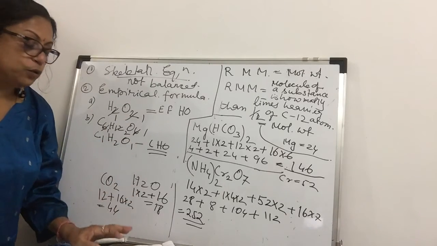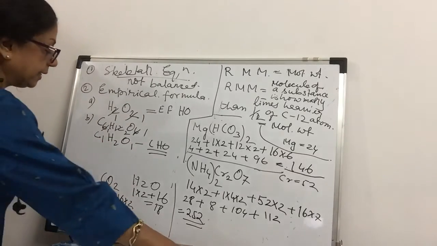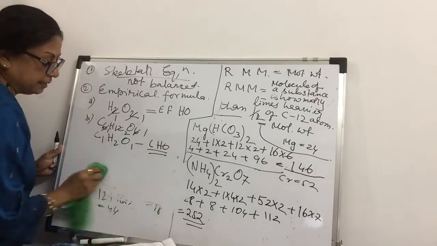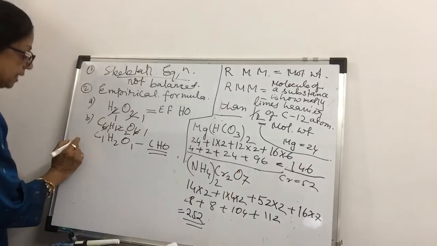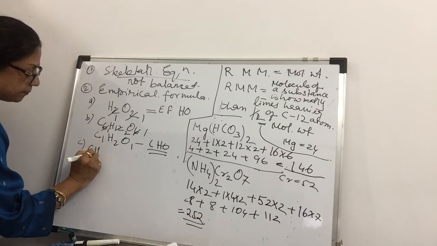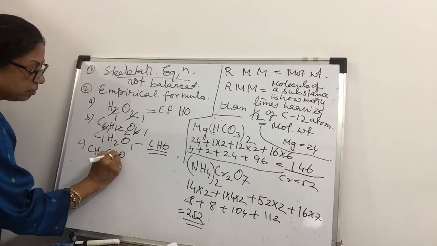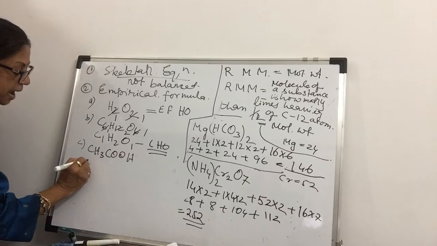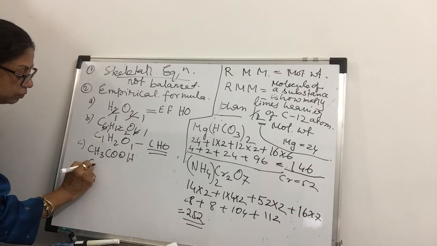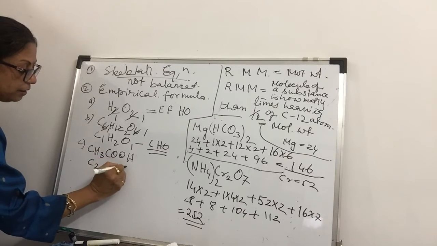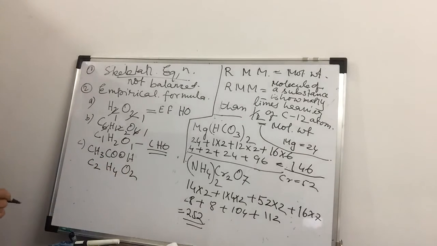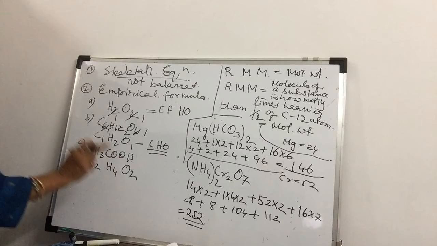Similarly, suppose I take acetic acid, CH3COOH. What is this? How many carbon do I have? 2 carbon, 4 hydrogen and 2 oxygen.